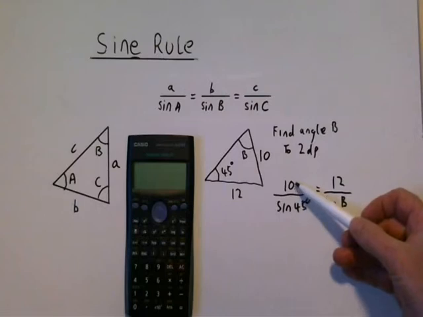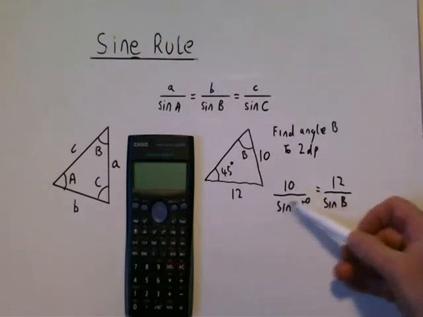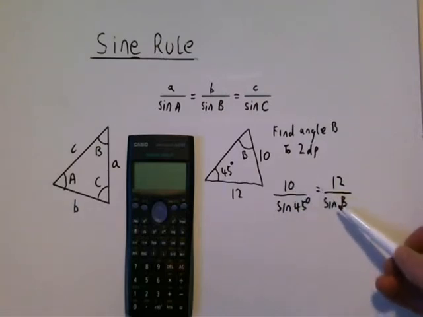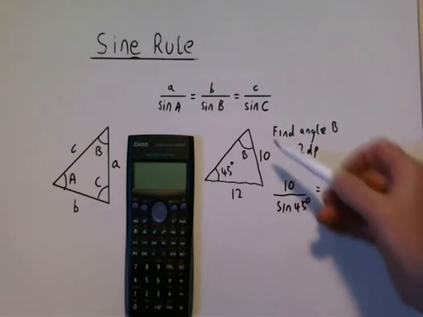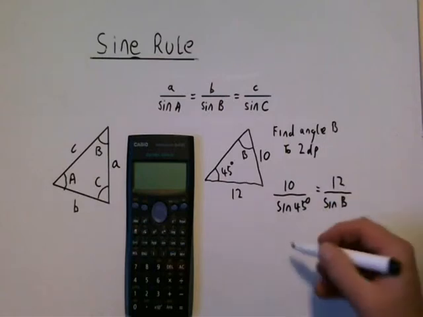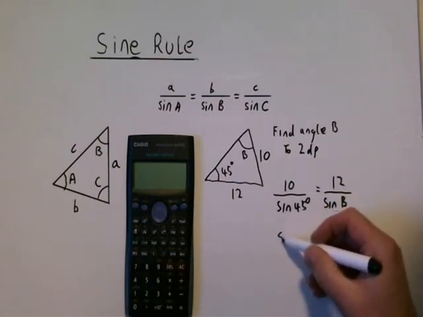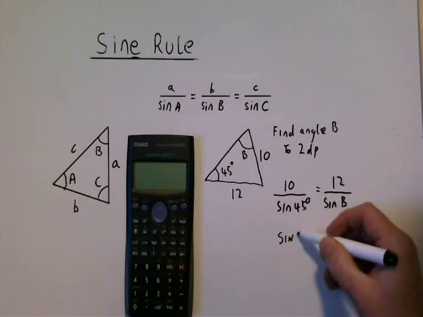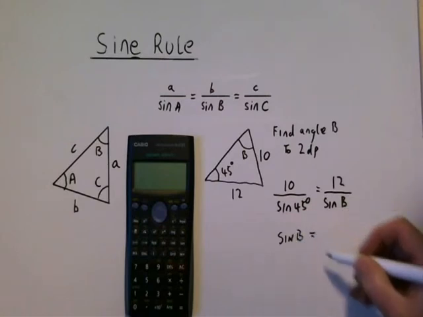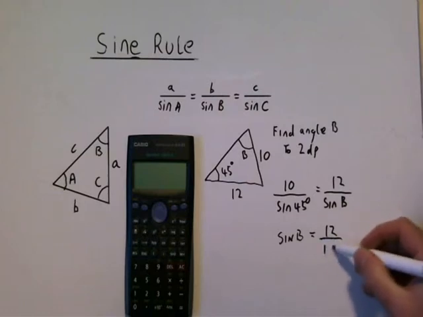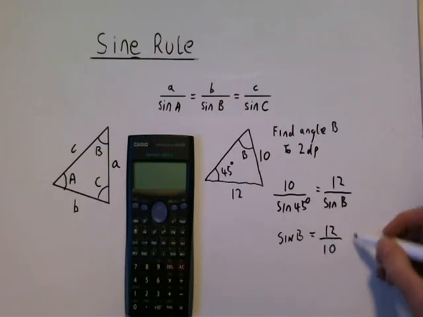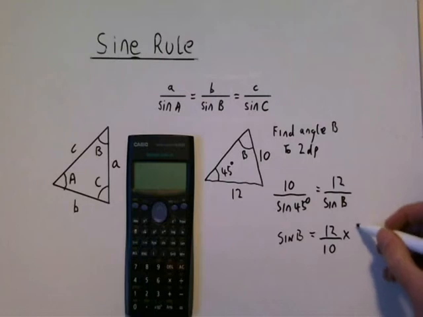The 10 is above the sine 45, so we divide by 10, we'll bring it this side. And if we multiply everything by sine B, that will move the sine B up there. So see if you can see it all. Here we go. Sine B equals 12 over 10, because we divided both sides by 10, and we times it by sine 45.